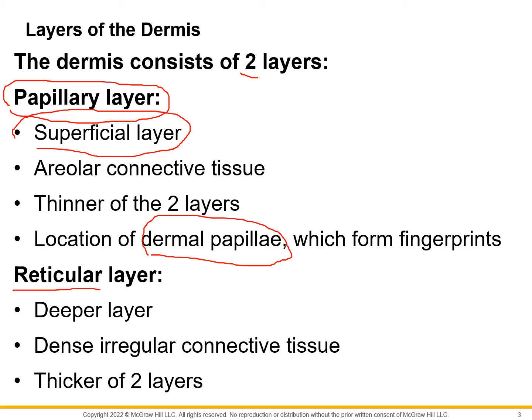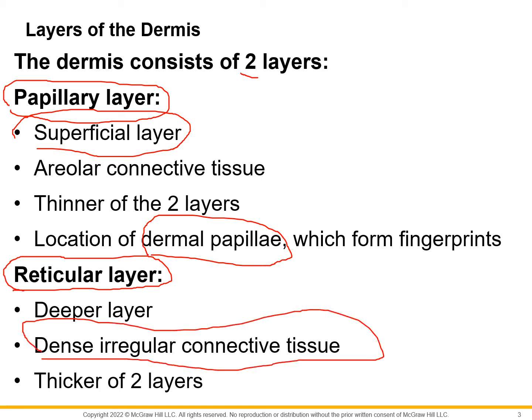The majority of the dermis is going to be this reticular layer. It is characterized by a connective tissue that we call dense irregular connective tissue. Now, I just want to take a minute to remind you, dense regular connective tissue was where we had densely packed, regularly aligned fibers, all packed this way, and they were the connective tissue of tendons and ligaments.